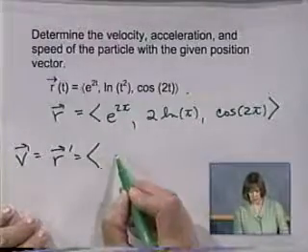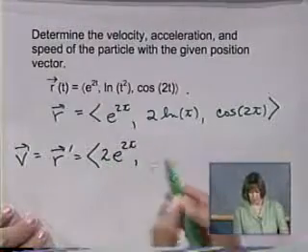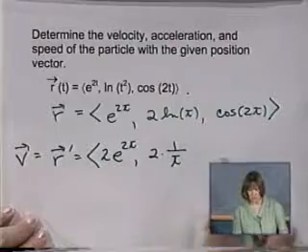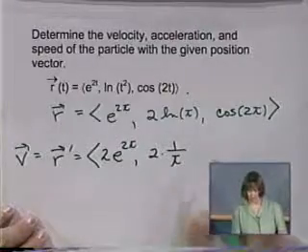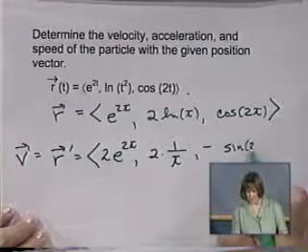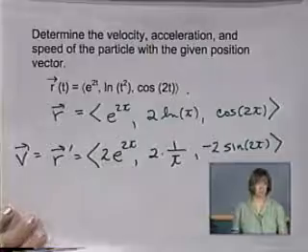So derivative of e to the 2t is e to the 2t times the derivative of 2t, which is 2. Derivative of 2 times log t is 2 times 1 over t, but the derivative of t is 1, so you don't need that thing I talked about. And derivative of cosine is minus sine of 2t times the derivative of 2t, which is 2. And that's my v.